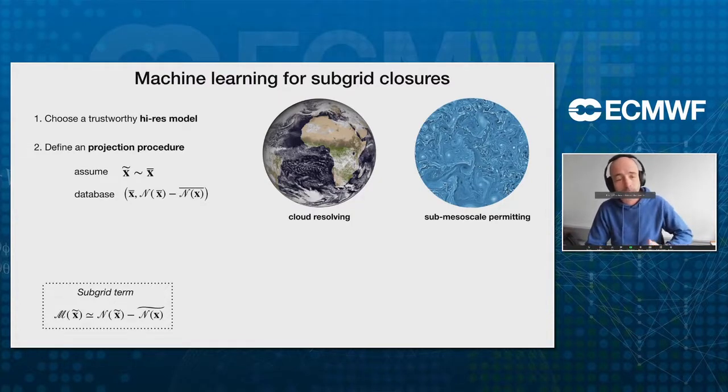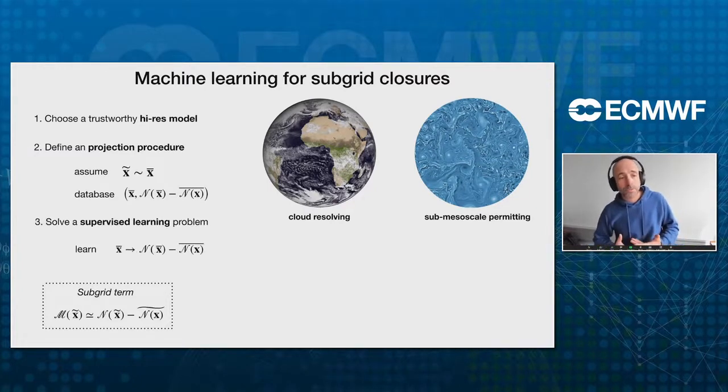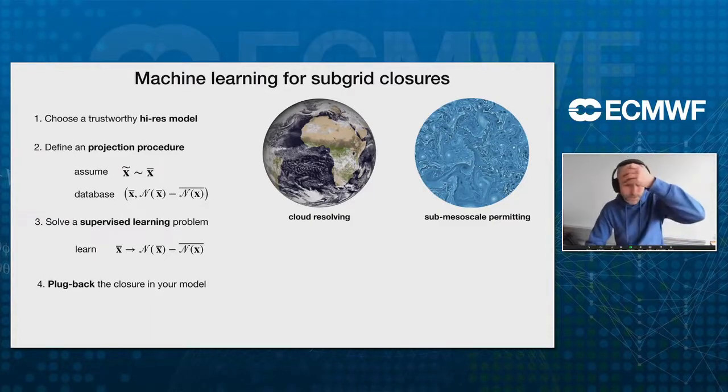Based on this, you assume a target for your low resolution model to behave as the projected version of the high res one. You build a database with the inputs and outputs. Then you solve this supervised learning problem where you learn this missing flux from the variables you have at hand in the low res model. Then you plug it back in your coarse resolution model and you pray.